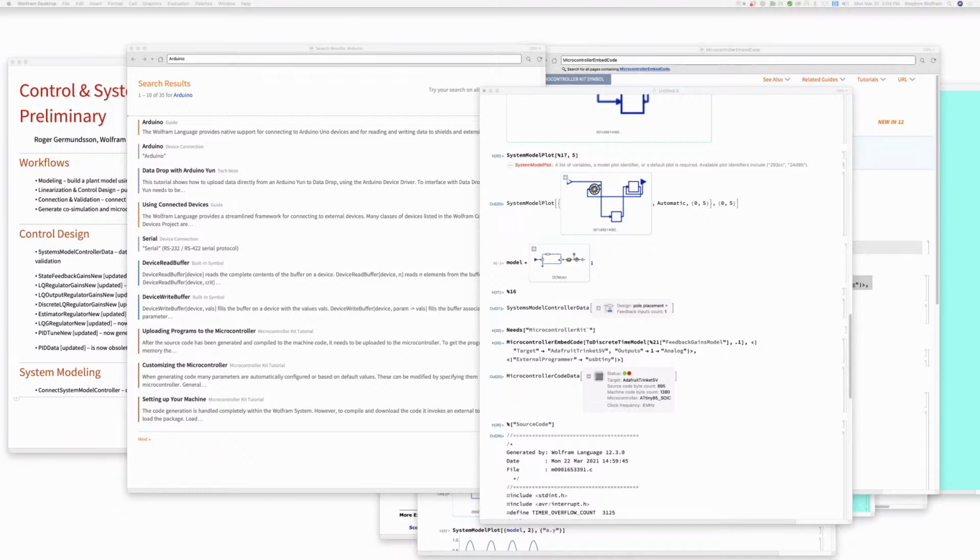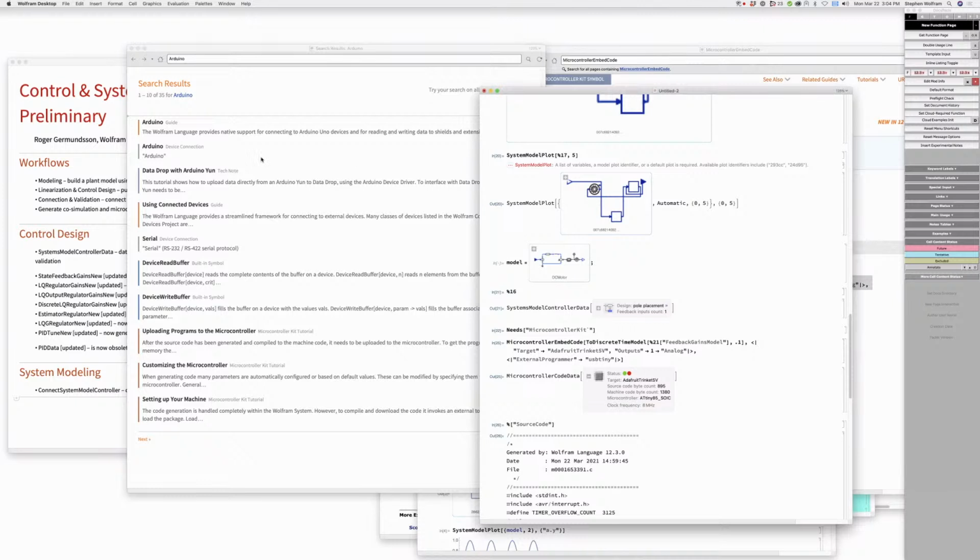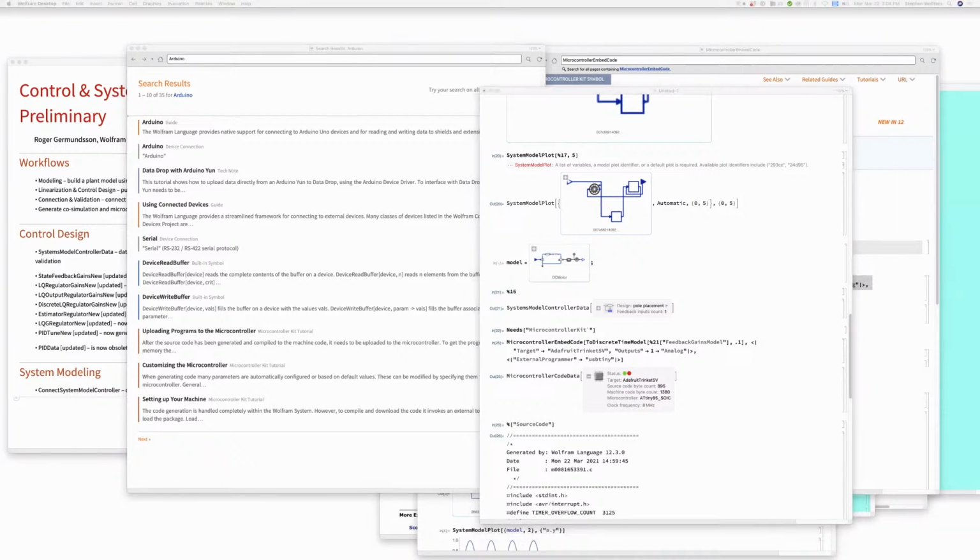RISC-V is not yet at that stage of heavy use, but it's getting there, and I think it has a very good chance of getting there. There's no reason why we couldn't add RISC-V to the microcontroller kit in the future when they're supported.